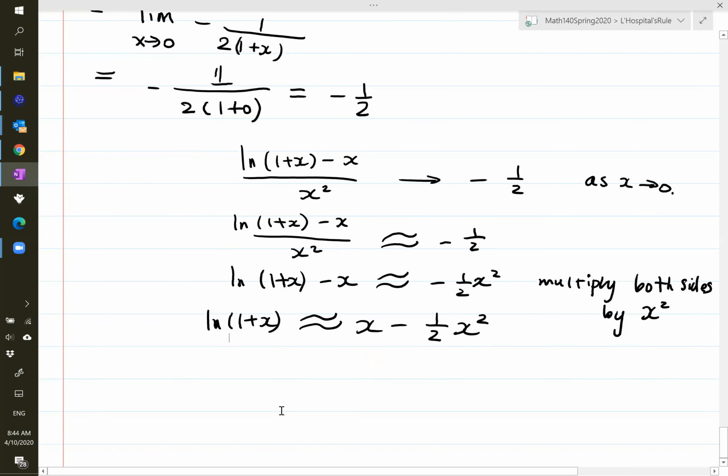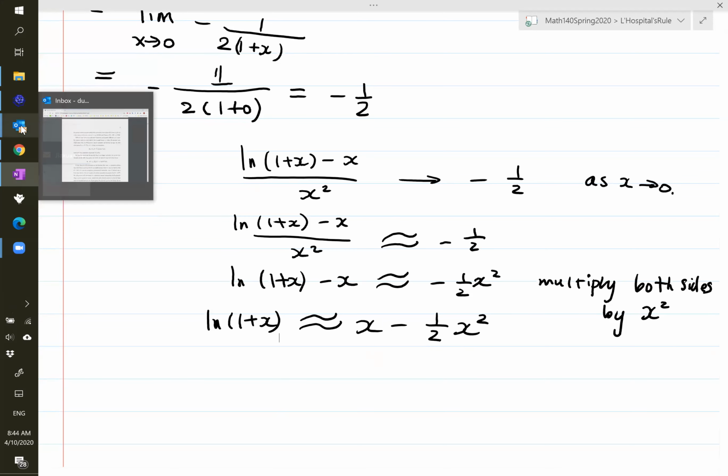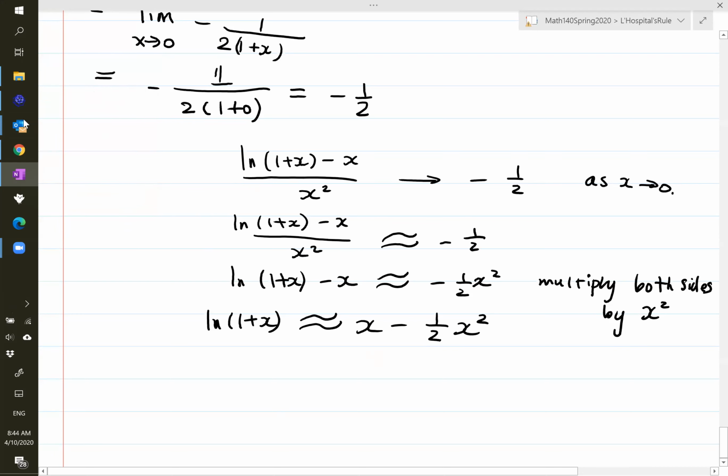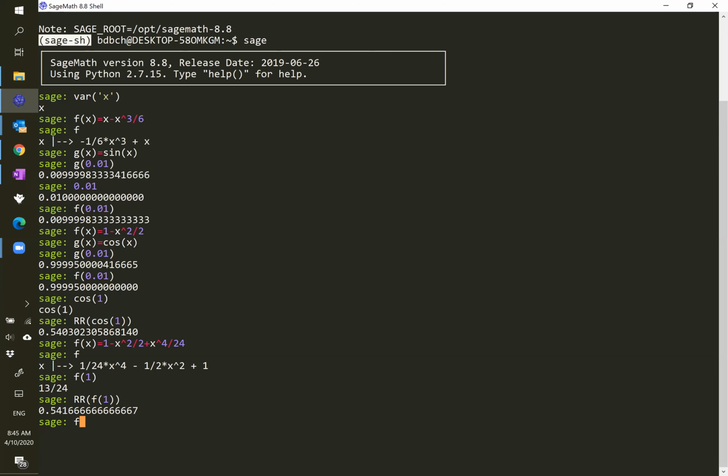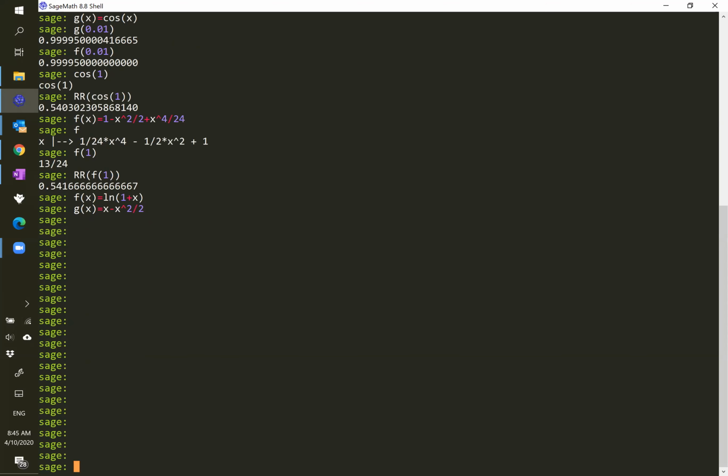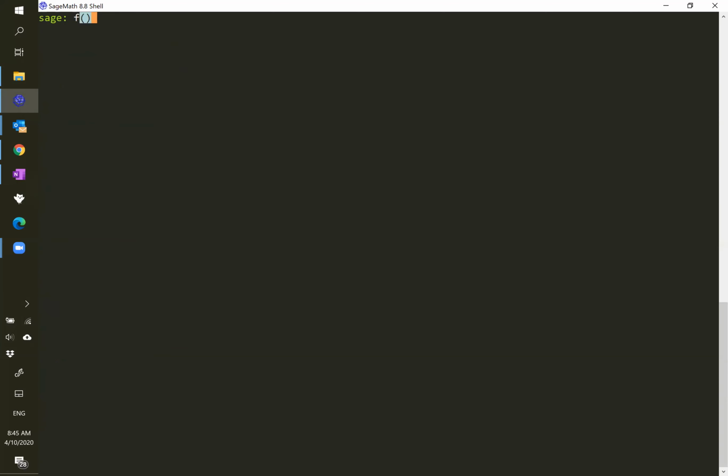For instance, let f(x) be ln(1 plus x), and g(x) be x minus x squared divided by 2. Then let's check how good it is when x is near 0.